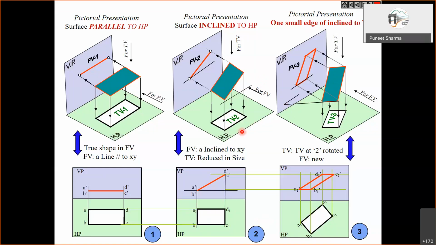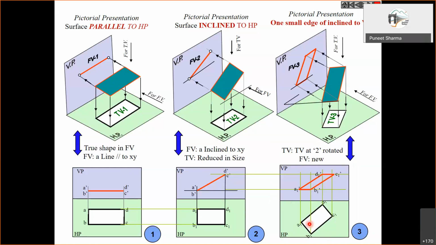So to achieve this on the drawing, what we need to do is redraw this at a certain inclination. Redrawing by maintaining the same shape and size means that we are maintaining the same inclination of this surface with the horizontal plane. That will be ensured by doing this.